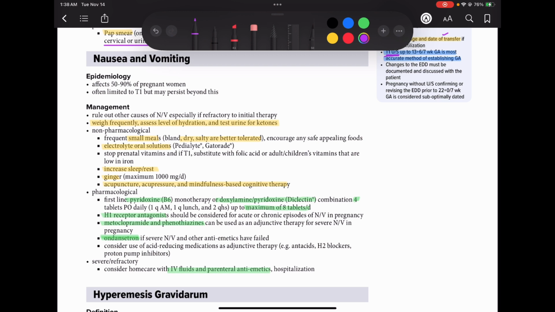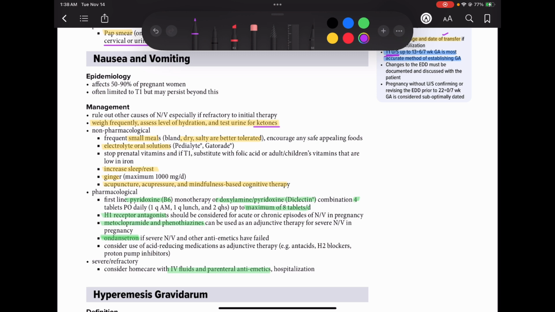We have to follow up the lady by frequently checking their weight, checking their level of hydration, and testing their urine for ketones. So we just have to keep any pathological causes ruled out. We can also suggest some non-pharmacological management.